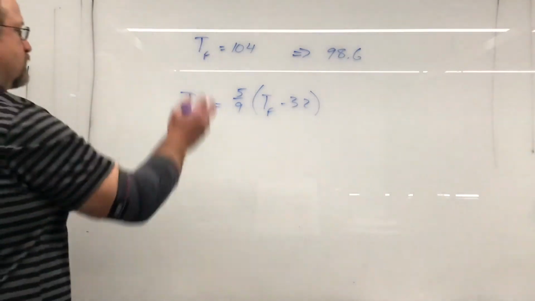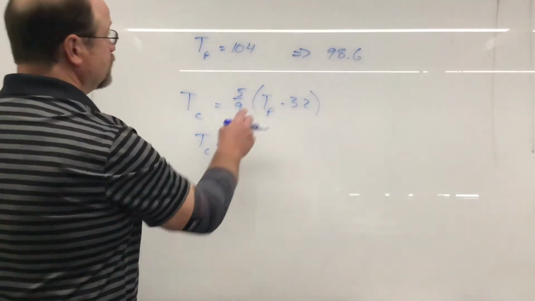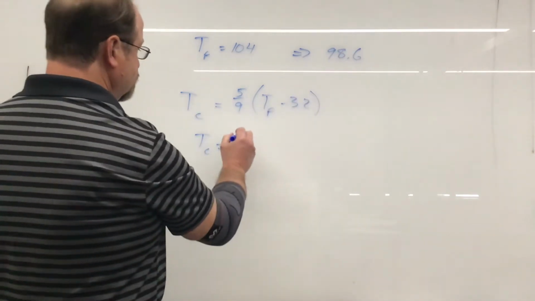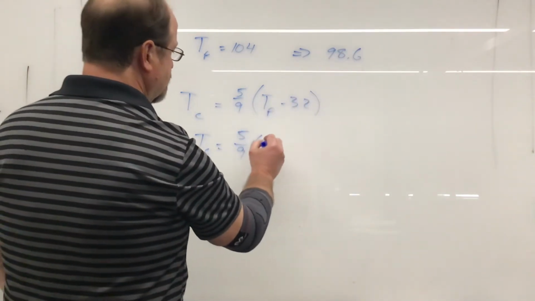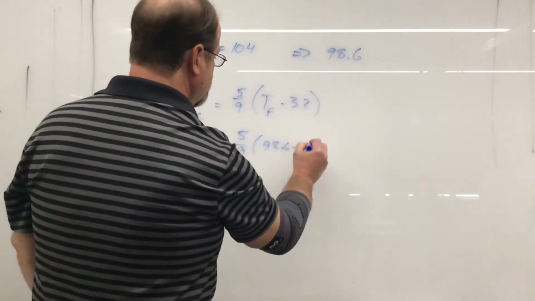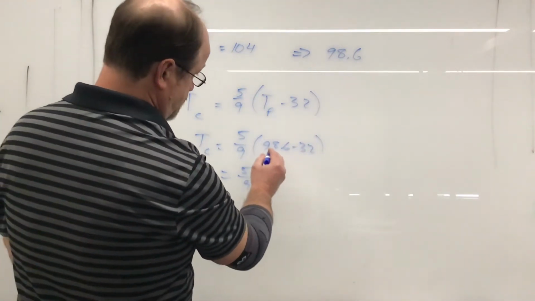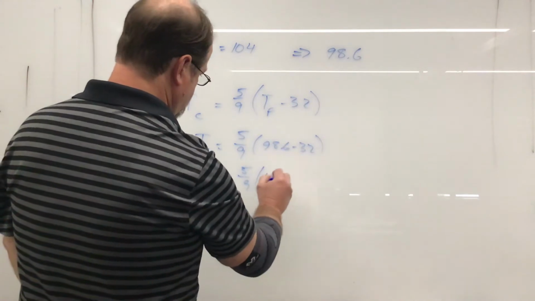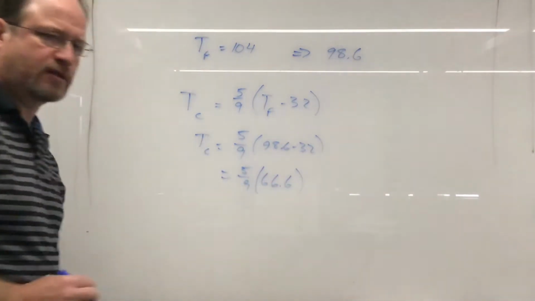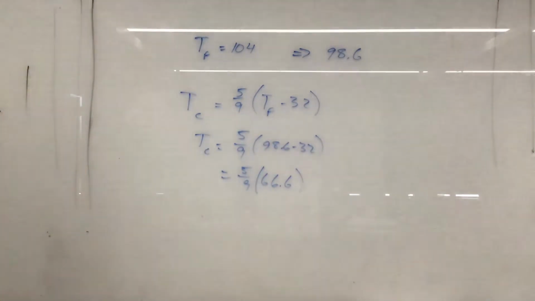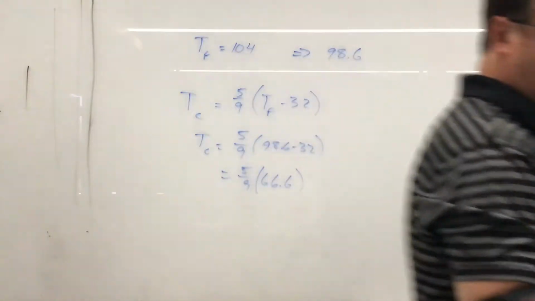So the temperature in Celsius that would correspond to a normal temperature here: 5/9, 98.6 minus 32. That looks like 66.6. Wow, that sounds like 66.6, not good stuff, very close to 666.